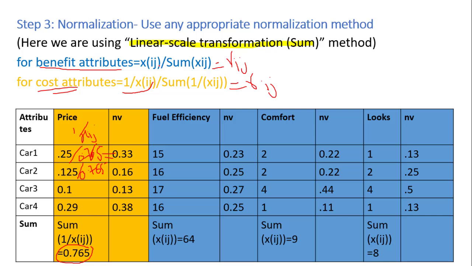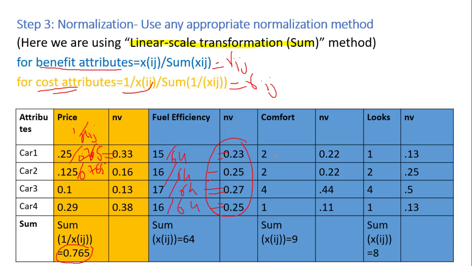Now for benefit attributes, take the sum of Xij. So 15, 16, 17 and 16, and take the sum, which is 64. The normalized values are 15 divided by 64, 16 divided by 64, 17 divided by 64 and 16 divided by 64. This is the normalized value for fuel efficiency.